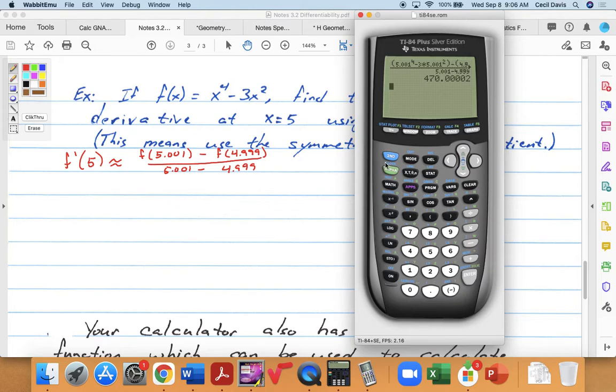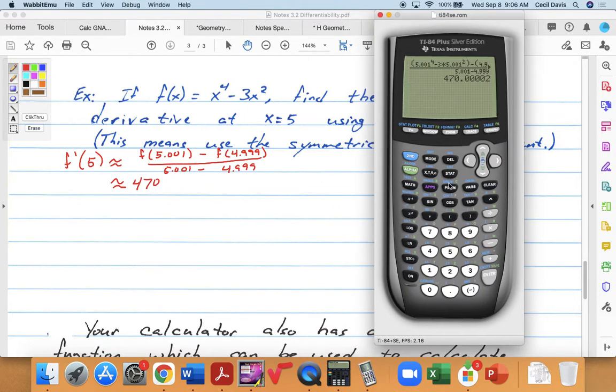It's really close to 470. And if the derivative exists, that's a really good approximation. Your calculator can do this without having to type all that junk in.